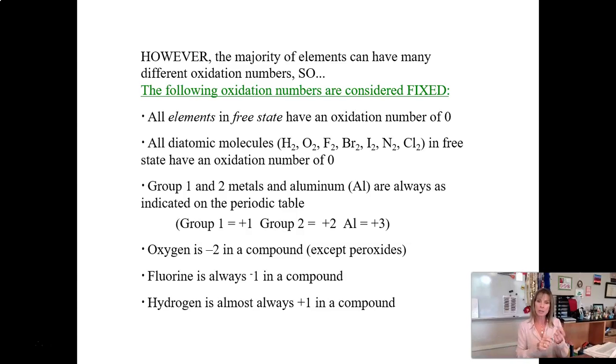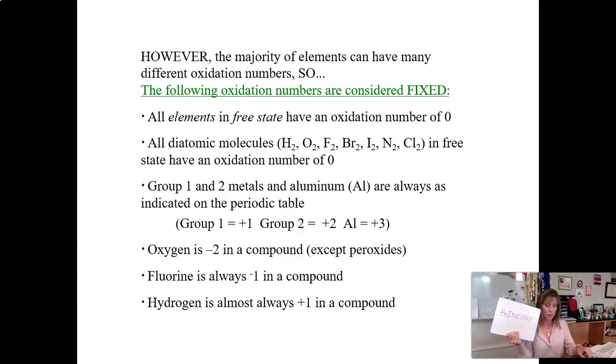All diatomic molecules, in their free state, have an oxidation number of 0. So diatomic molecules are molecules that can't exist alone. They form the word Brinkelhoff. And if you were in my classroom, you would see there's a sign above my board that says Brinkelhoff.